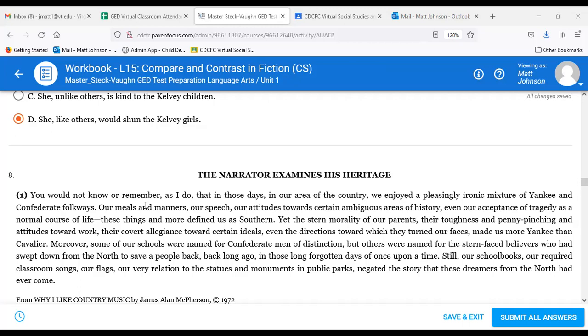Moreover, some of our schools were named for Confederate men of distinction, but others were named for the stern-faced believers who had swept down from the north to save a people back long ago. In those long forgotten days of once upon a time, still our school books, our required classroom songs, our flags, our very relation to the statues and monuments in public parks negated the story that these dreamers from the north had ever come.